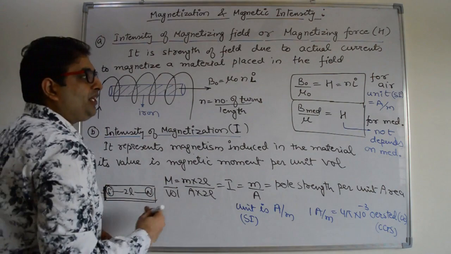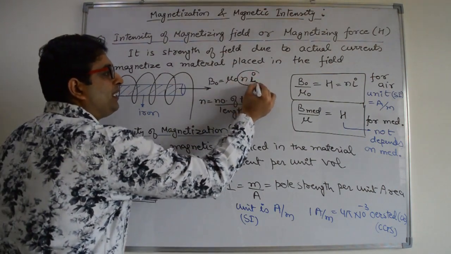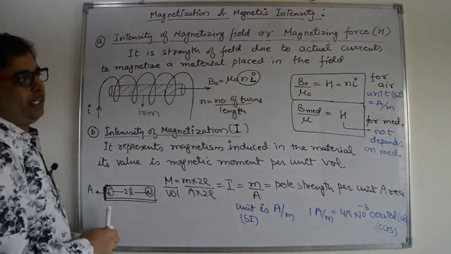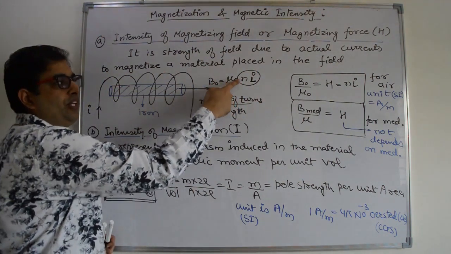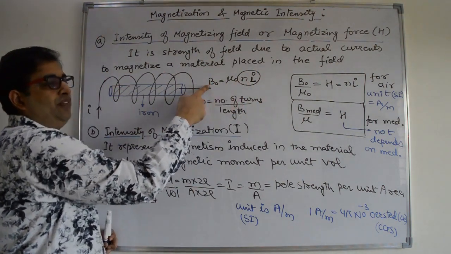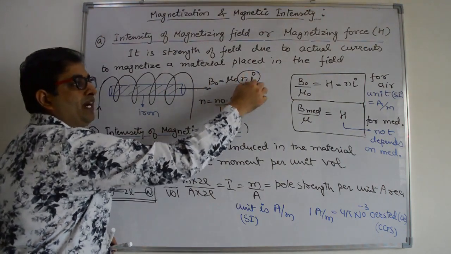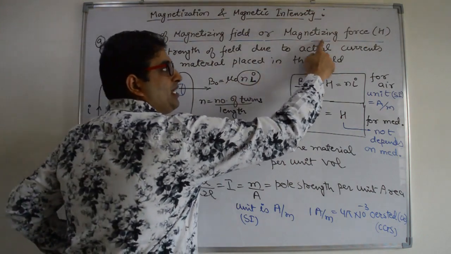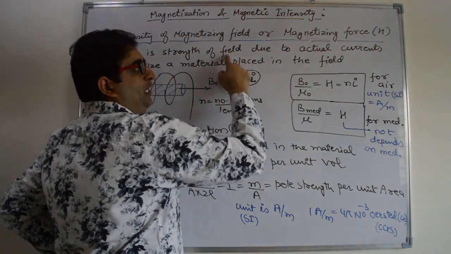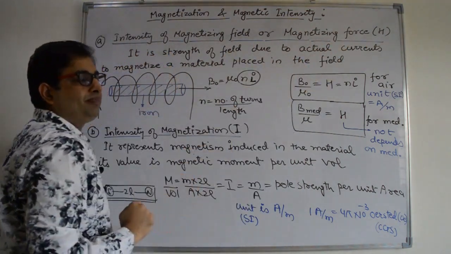The important part of this external magnetic field is N into I. When we change the value of N, the field will change. When we change the value of current, the field will change. So this is the main part of the external magnetic field, and it is known as magnetizing force, the field due to actual currents, right?